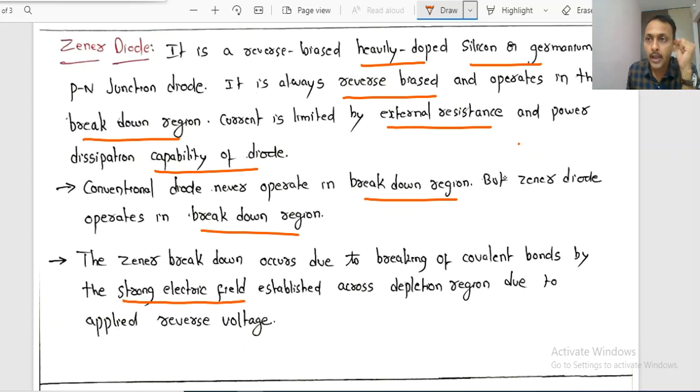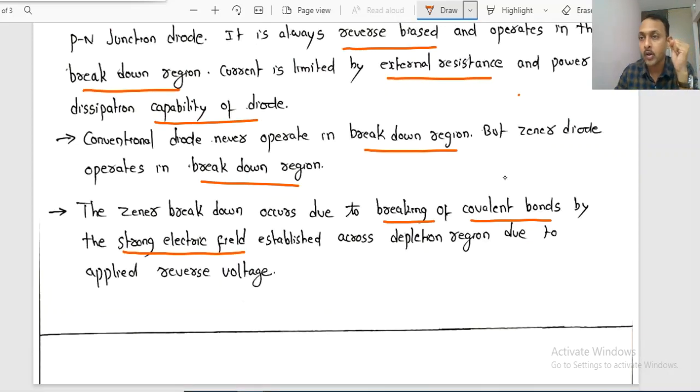This strong electric field breaks the covalent bonds, so all of a sudden there is a high flow of current. This is the Zener breakdown.